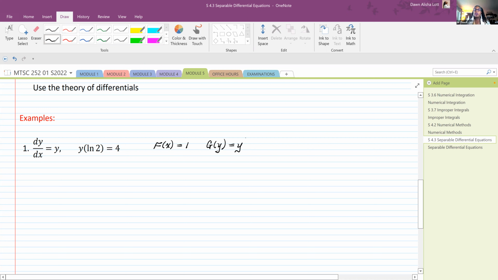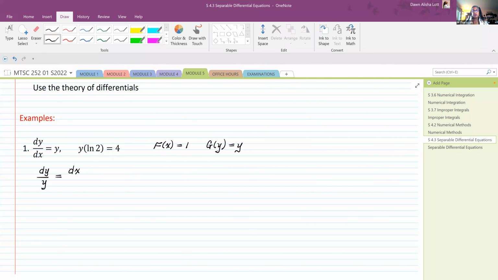So what I want to do is I want all the y's on one side and the x's on another side. Okay, so I'm going to divide by y. So I'm going to have dy divided by y, and then I'm going to multiply by dx. So I am actually using the differential dy and dx. So those are my differentials.